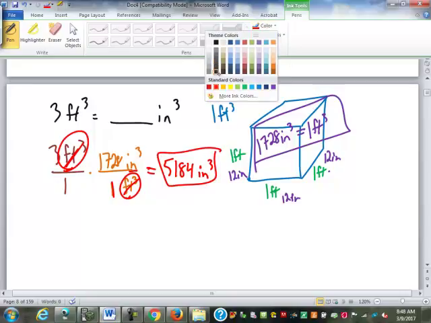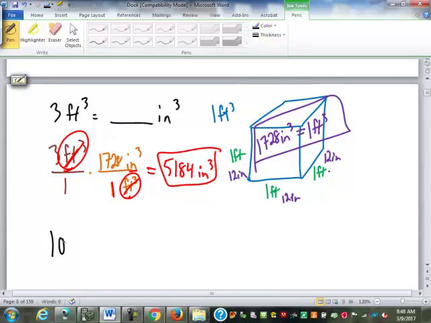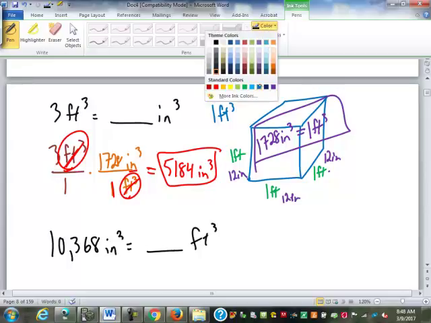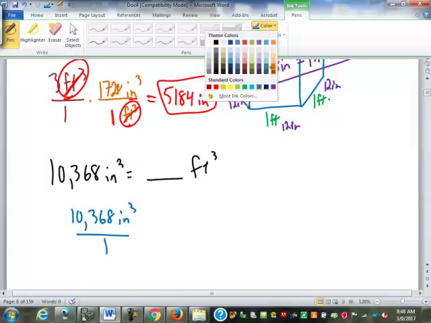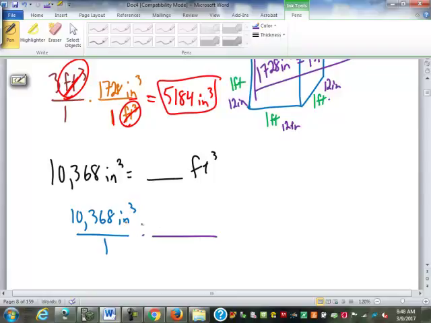What if I gave you 10,368 cubic inches, and I want to convert that into cubic feet? So we're getting rid of inches cubed, so inches cubed go on bottom.